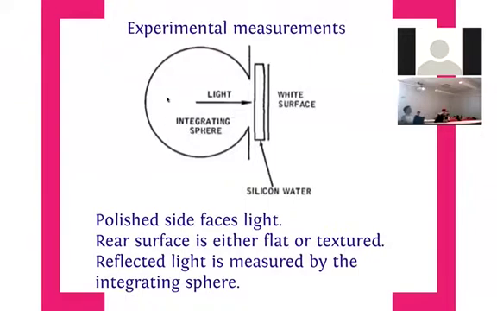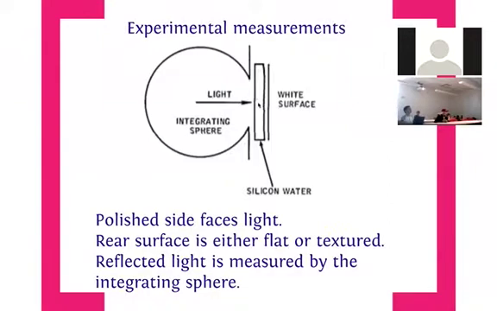If the reflected light is very high, very little is absorbed in the silicon. If the reflected light is very low, a lot of light is absorbed in the silicon. So 1 minus what's reflected is what's absorbed.